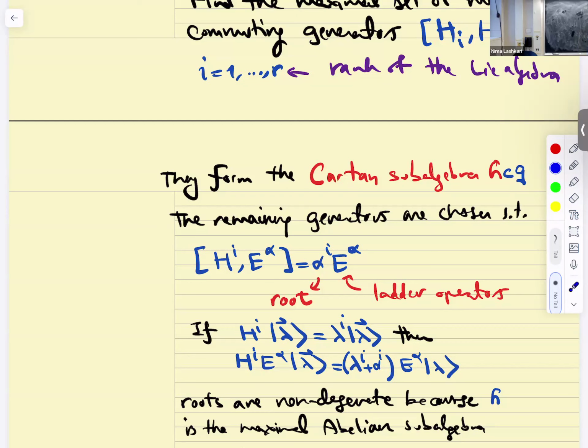And again, not surprisingly, these ladder operators are not self-adjoint. They're like creation and annihilation operators. And E alpha dagger could be viewed as E minus alpha. I'll say in a bit what that notation means.